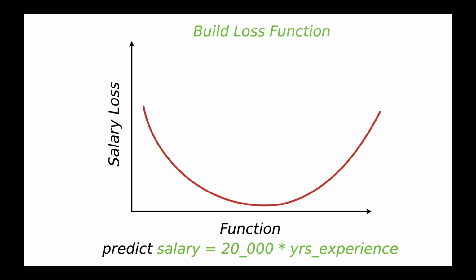This type of loss function is going to let us play some games with calculus. It is called the mean of the squares. All we're going to do is take the prediction at the salary value and find out how far the salary is from the actual data.